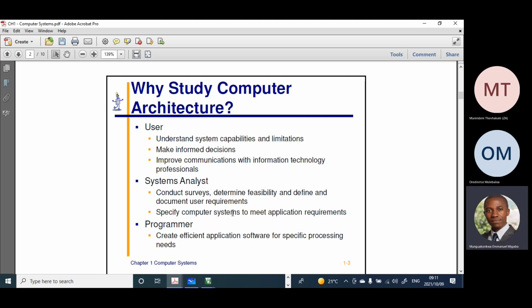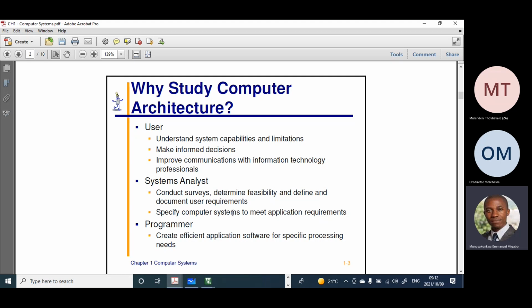Secondly, it's very important for making informed decisions, and this is broad, in the sense that informed decisions can be at different layers and in different job tasks. For example, from the developer point of view, because you know the architecture of your computer system and its limitations and capabilities, you can plan your software development better.